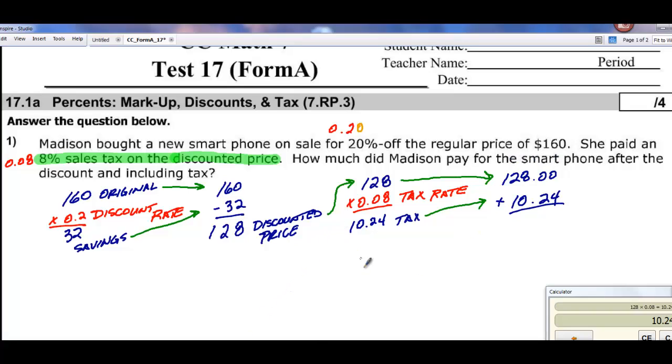We add the tax. You always add. One of the common mistakes I've seen is students subtracting the tax because they subtracted the discount. Yep, you always have to add the tax.